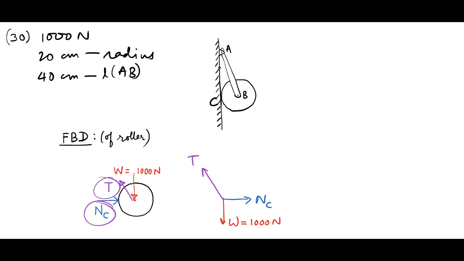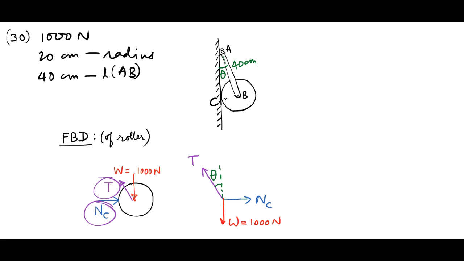Now if this angle is theta, we actually do know this angle is also repeated over here, because the tension T is collinear with the rod, so that's the same theta. In fact, we can do a small calculation. You know that the length of the rod is 40 centimeters, and the radius of the roller is 20 centimeters.